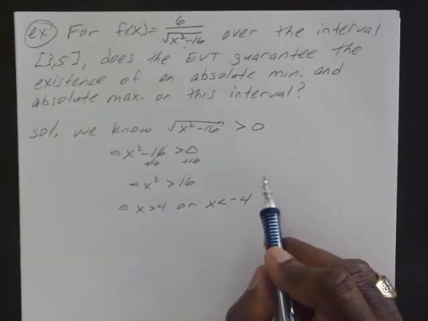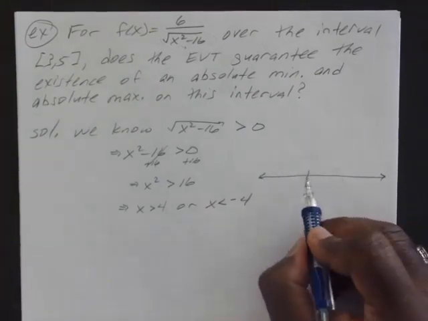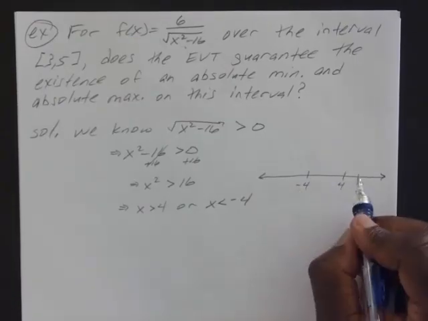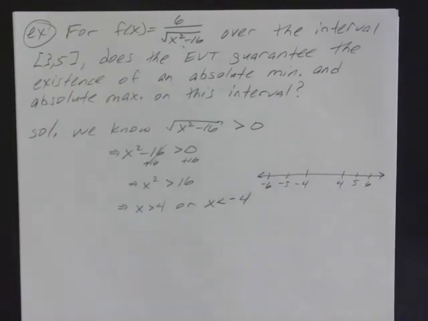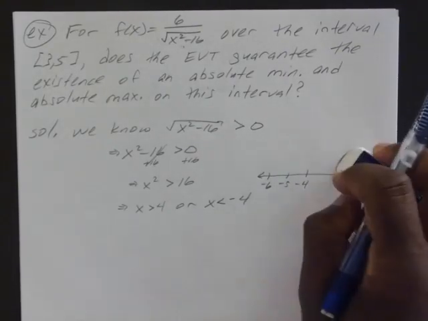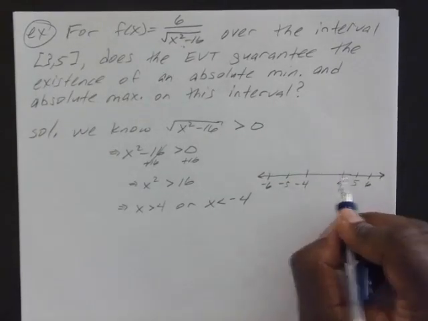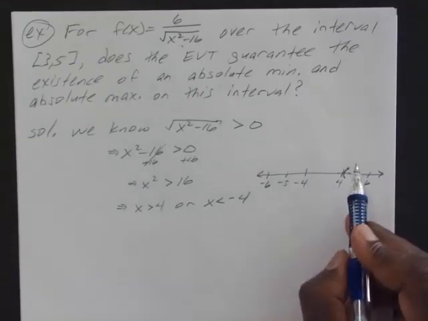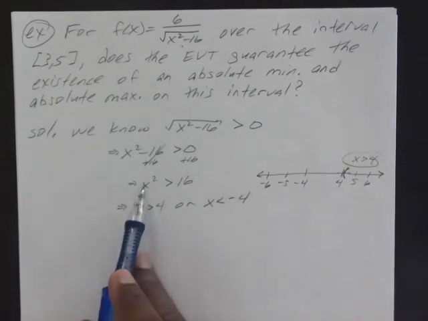And that's because, let's say you have negative 4 here and 4 there. So let's say you have 5, 6, and negative 5, negative 6. That should be a parenthesis since it's just greater than. If you plug in any value larger than 4, it'll make this true.